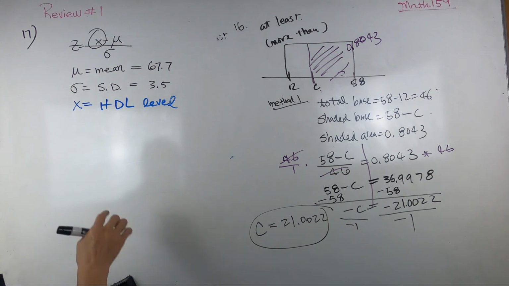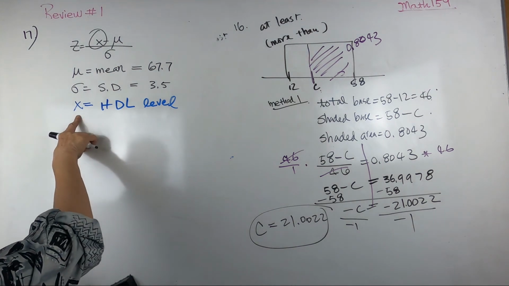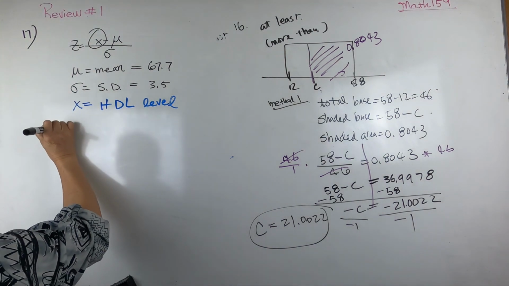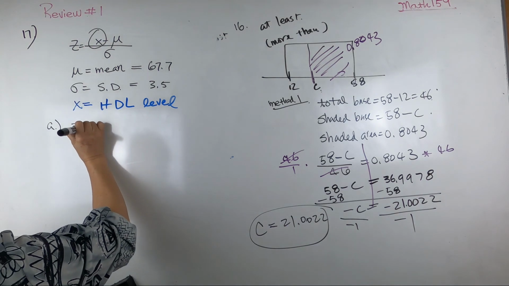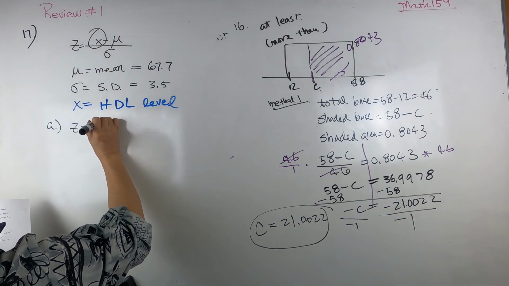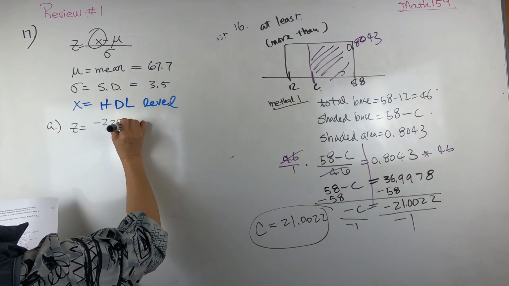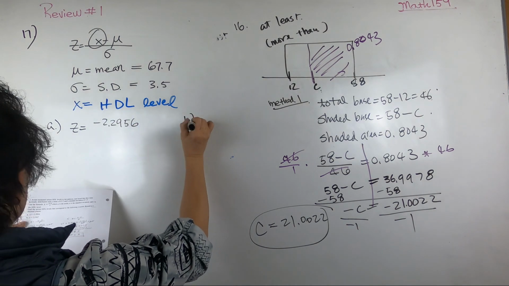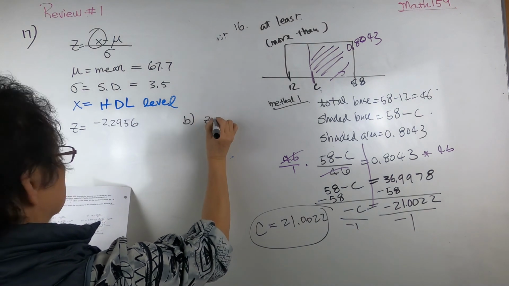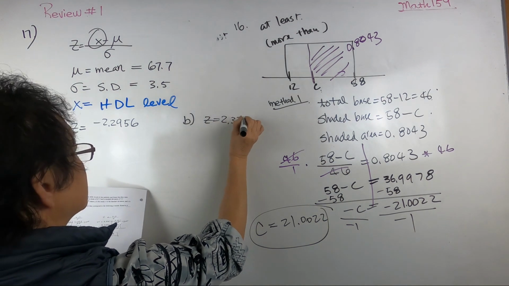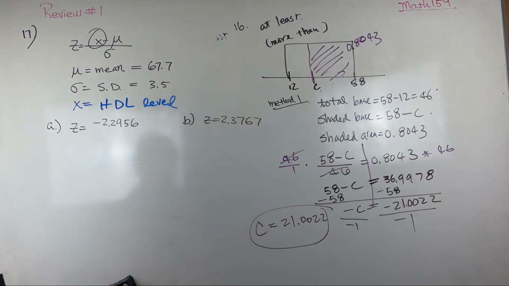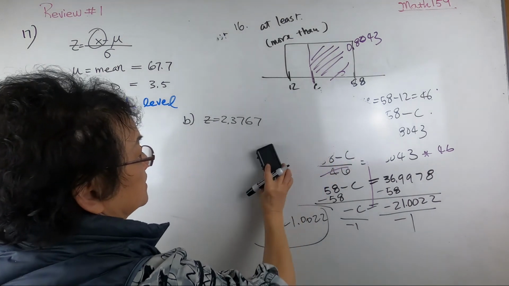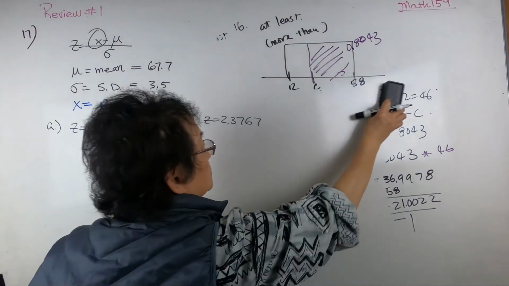Okay? Then we want to find the X with given Z. So first one, it gives you the Z value, which is negative 2.2956. And B gives you the value Z is 2.3767. So it's given you these two numbers.